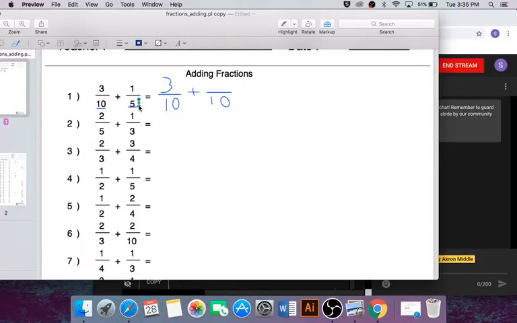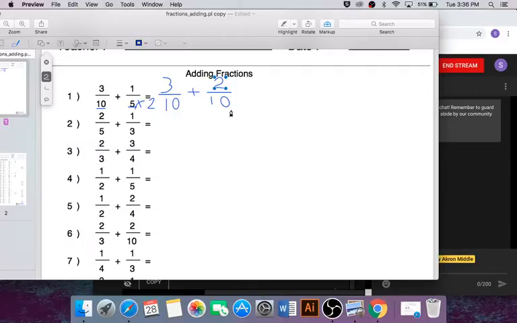So we're going to multiply this fraction times 2. So 5 times 2 gives us 10. So since we multiplied the bottom times 2, we're going to also multiply the top times 2. So 1 times 2 is 2.